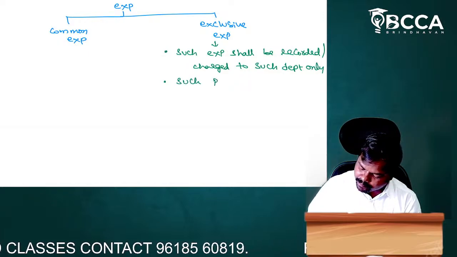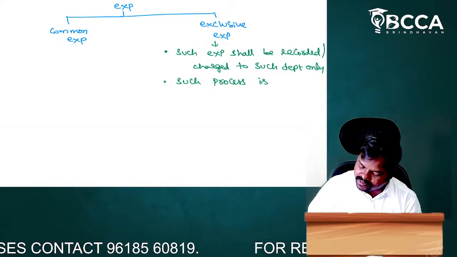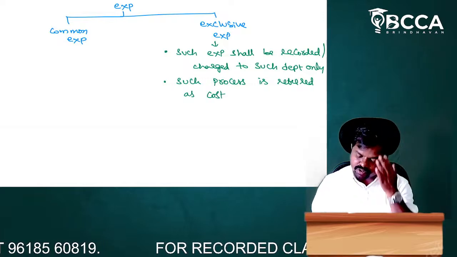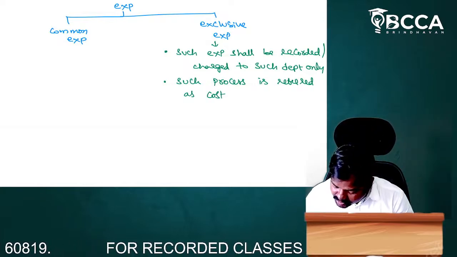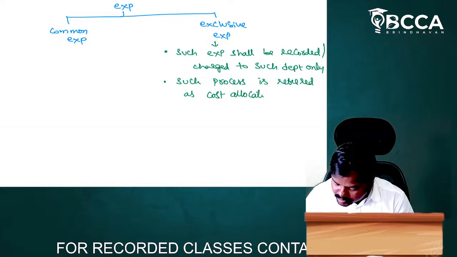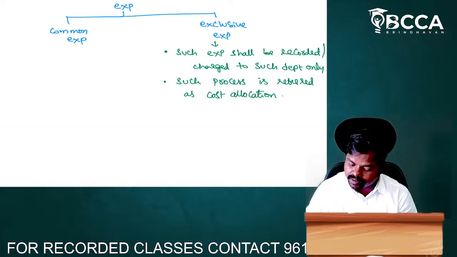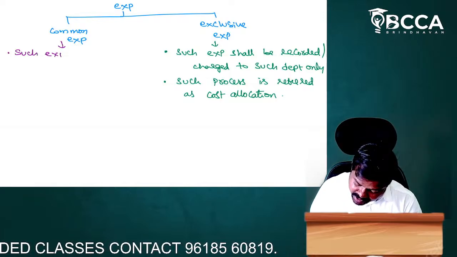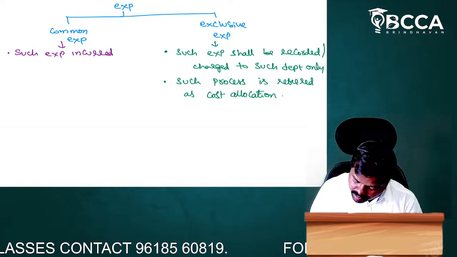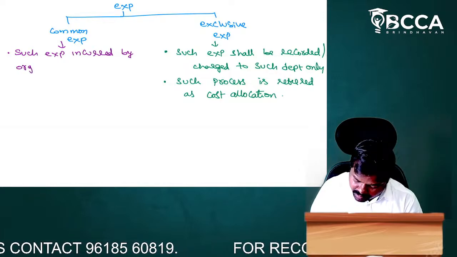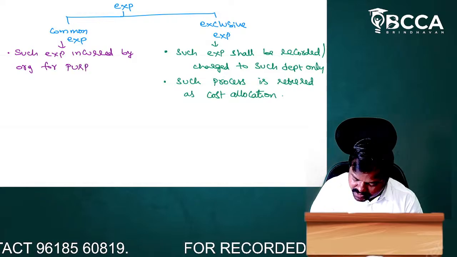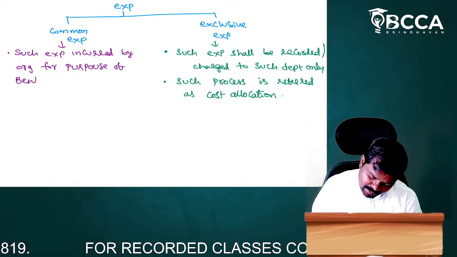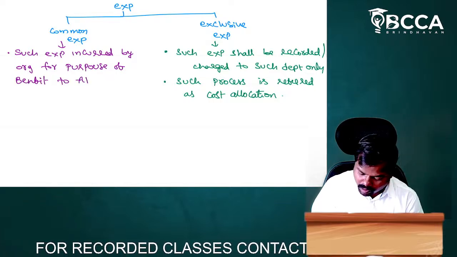Such process is referred to as cost allocation. Cost allocation. Here, what does common expenditure mean? Such expenditure incurred by the organization for the benefit of all departments.